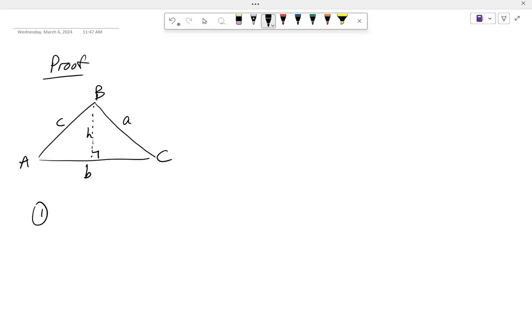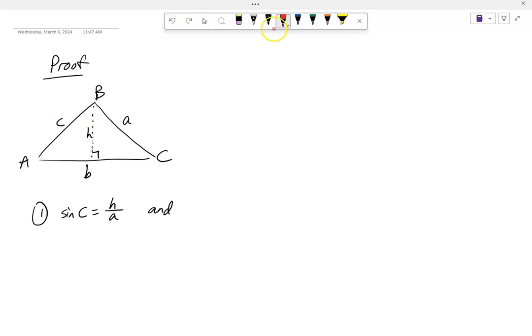If I take the sine of angle C, that would be opposite over hypotenuse, right? You see that right triangle there? And if I go over to angle A and look at this right triangle, then I know the sine of A is opposite over hypotenuse as well.